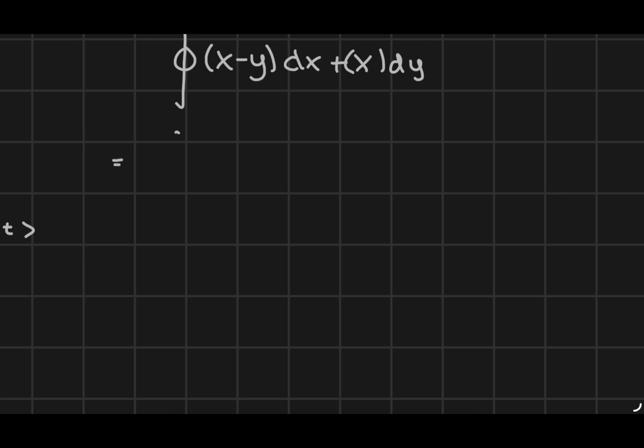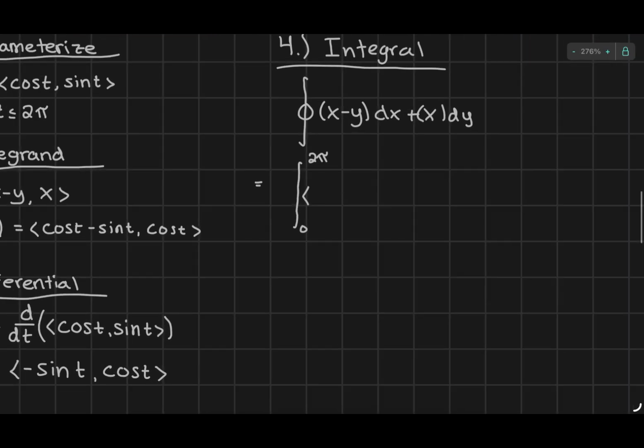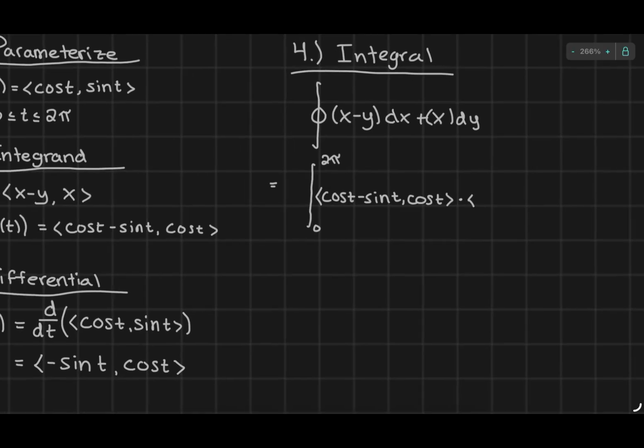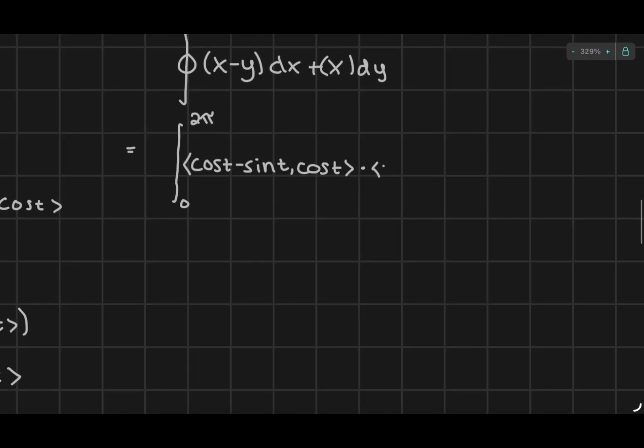That is actually going to be equal to the line integral from 0 to 2 pi of our integrand, which is cosine t minus sine t, cosine t, dotted with our differential, which is negative sine t, cosine t.